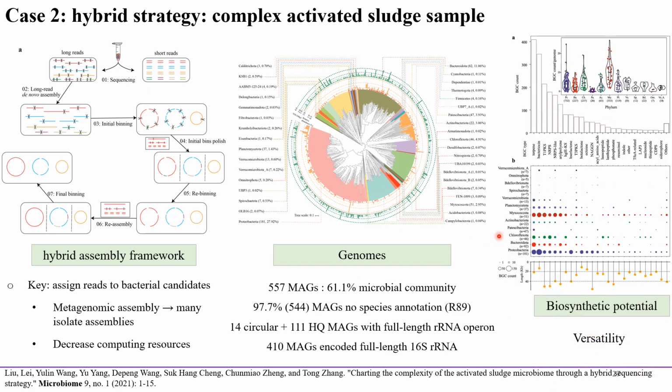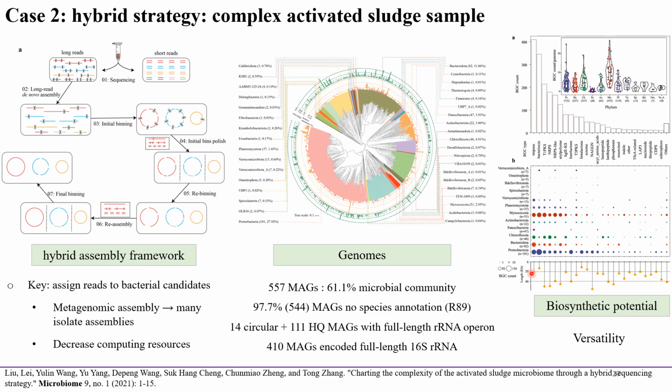Based on the recovered MAGs, the biosynthetic potential of the AS microbial community has also been investigated. In this study, we can see here the length of identified BGCs, the biosynthetic gene clusters, ranged from 10 to 50 kilobase pairs. This length would largely increase the BGC detection difficulty for traditional methods.